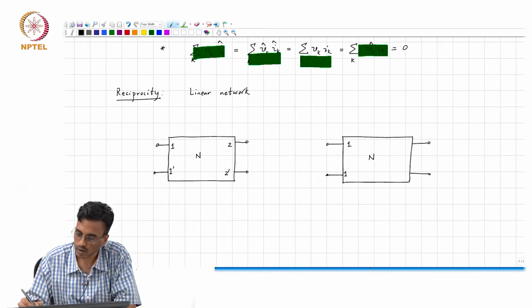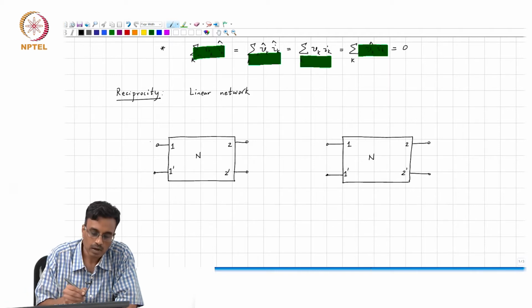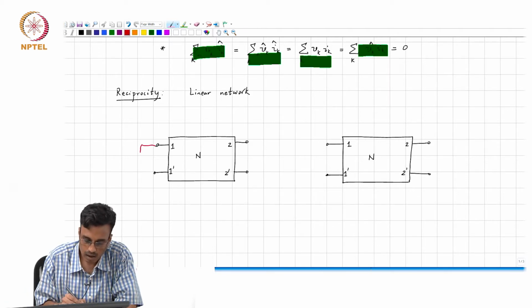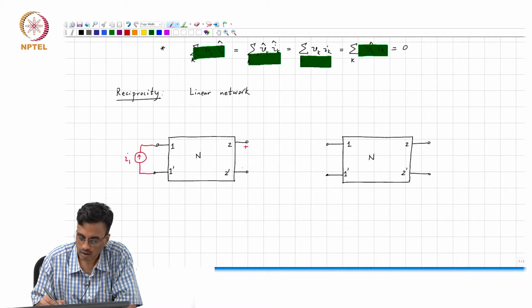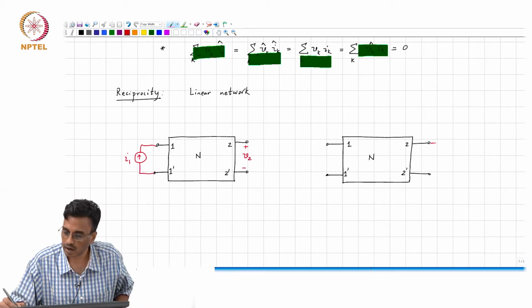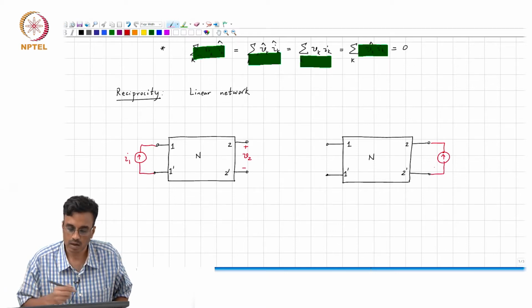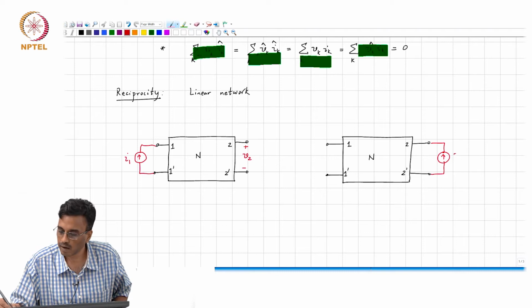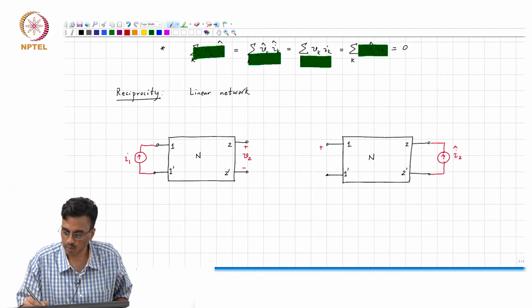This is I1, this is V2, and here I inject I2 hat and measure the voltage at port 1, this is V1 hat.